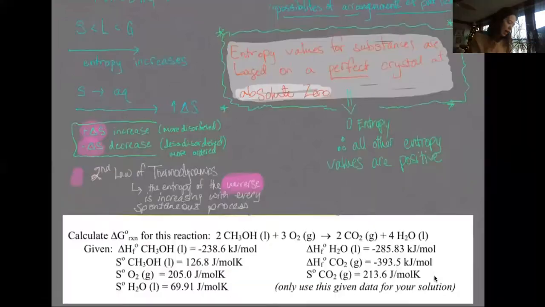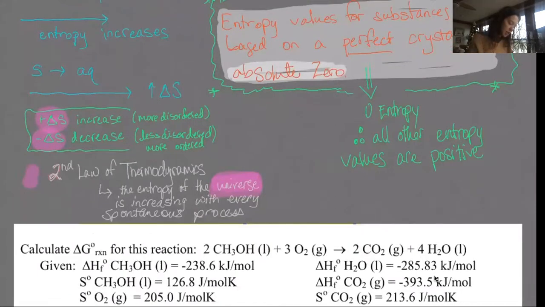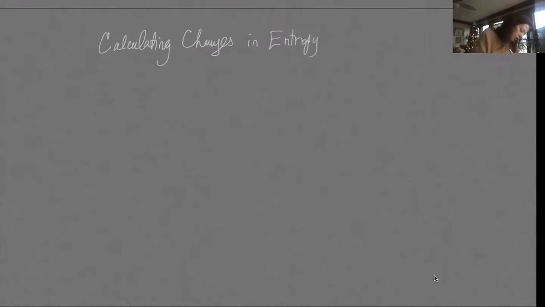Okay? Now, how can we calculate changes in entropy? Well, let's look right here. It's easy. We're almost finished here. Oh yeah, I just thought of something else I need to say. So the entropy change for a reaction, not the universe, the system, is equal to the sum of the entropies of the products minus the sum of the entropies of the reactants.